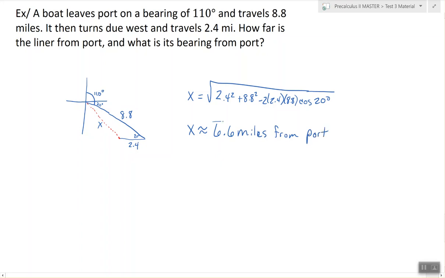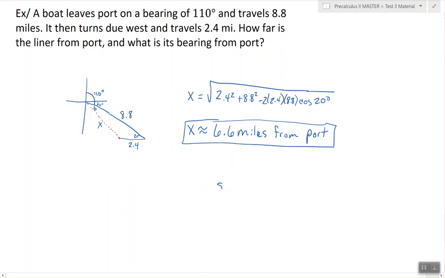All right, so we're 6.6 miles from the port. And now we also need to figure out what the bearing is on that. Let's say that we call this an angle B. We can figure that out pretty quickly given the information we have and what we found.